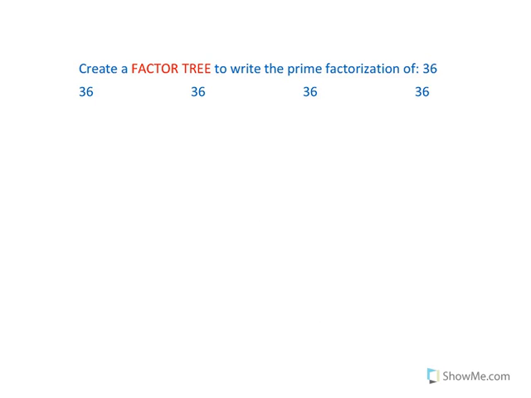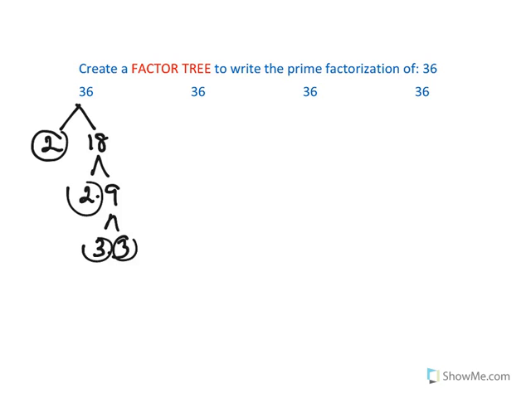All right, let's try 36. Again, not my favorite way of doing it, but let's start with 2 and 18. Circle the 2 so we don't get forgotten. Even, 2 times 9, 2 is prime, and 3 times 3, both prime. So here we have 2 times 2 times 3 times 3.